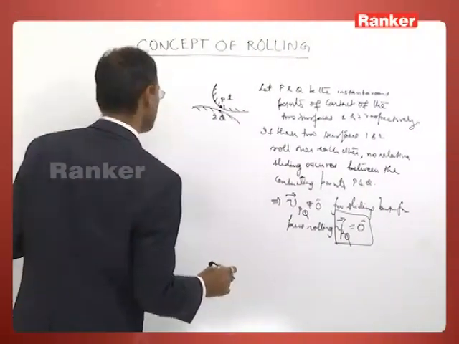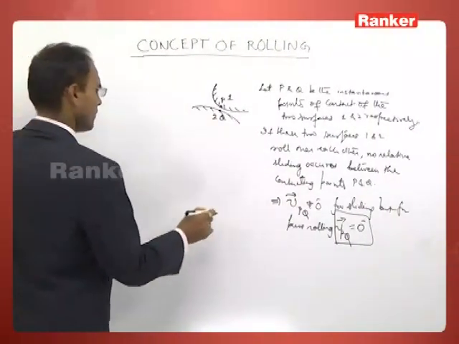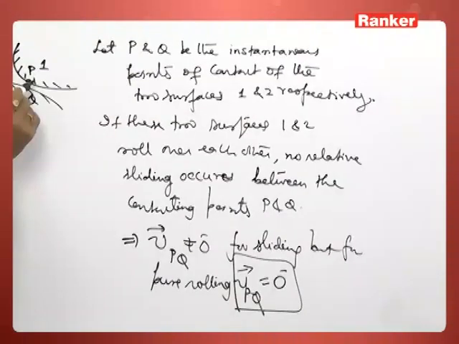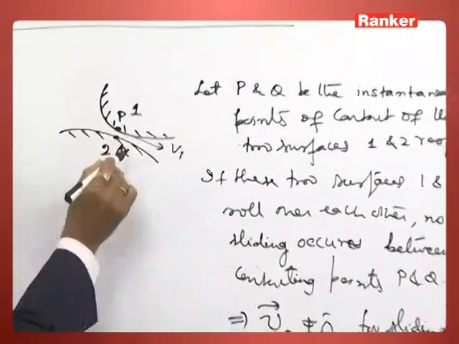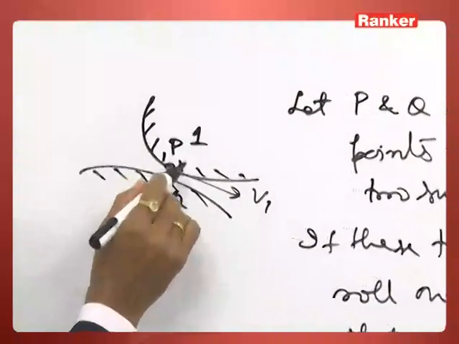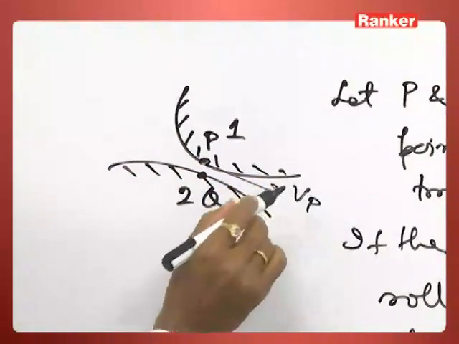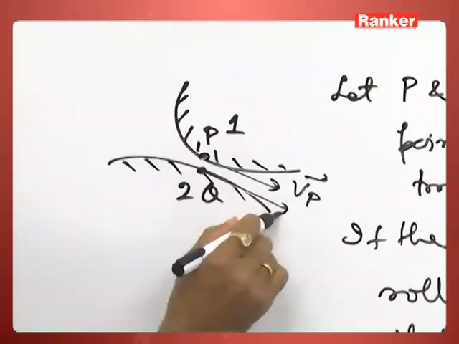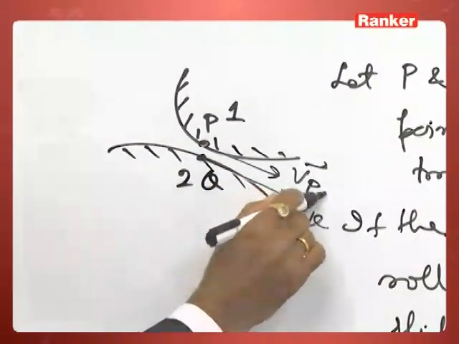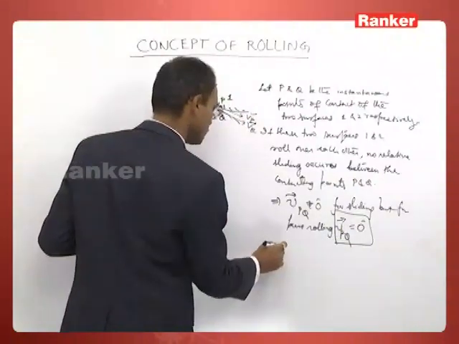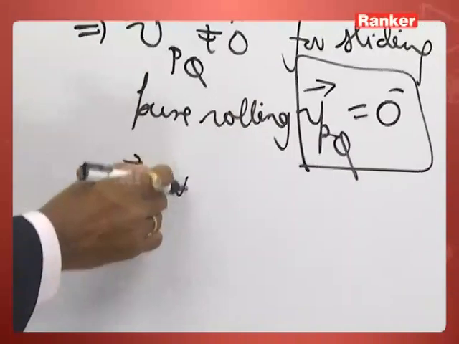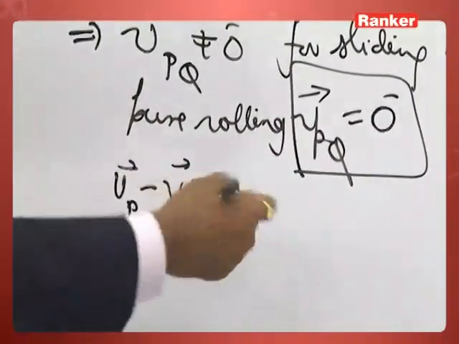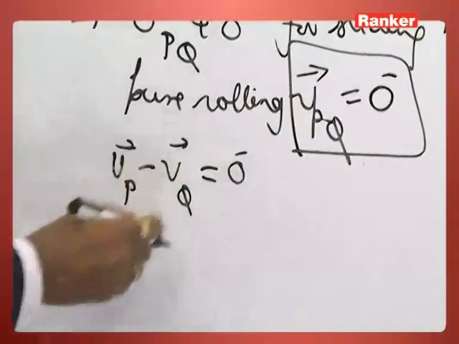Let us take the velocity of point P of the surface 1 as Vp, and the velocity of the point Q of the surface 2 as Vq. So the relative velocity between these 2 points can be written as Vp minus Vq, or Vq minus Vp, equal to 0.